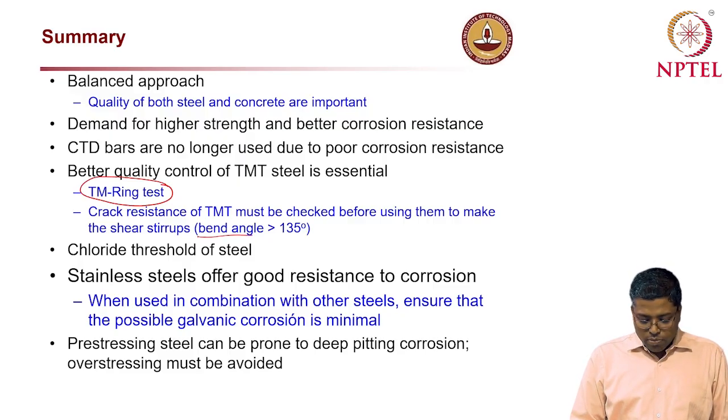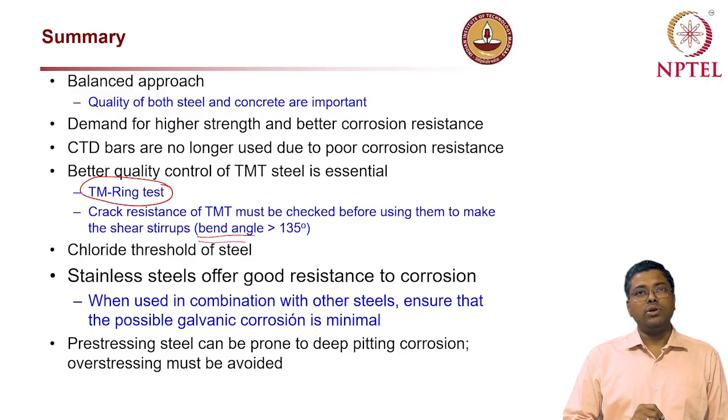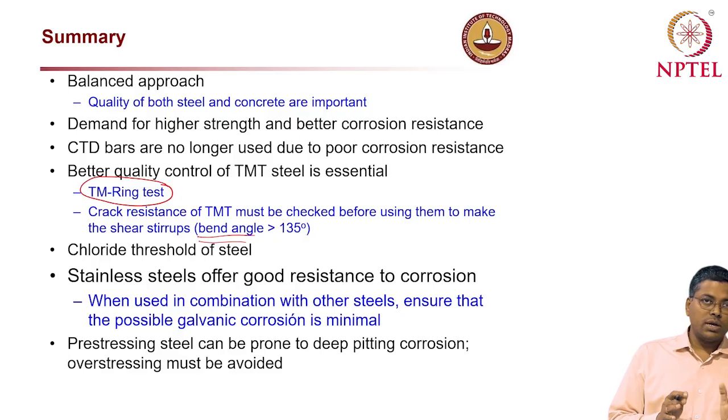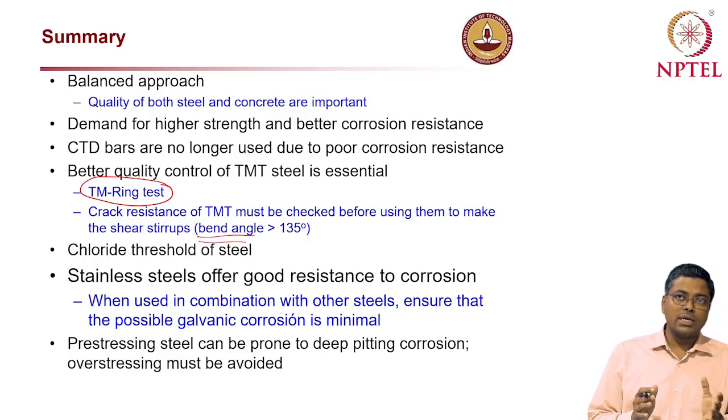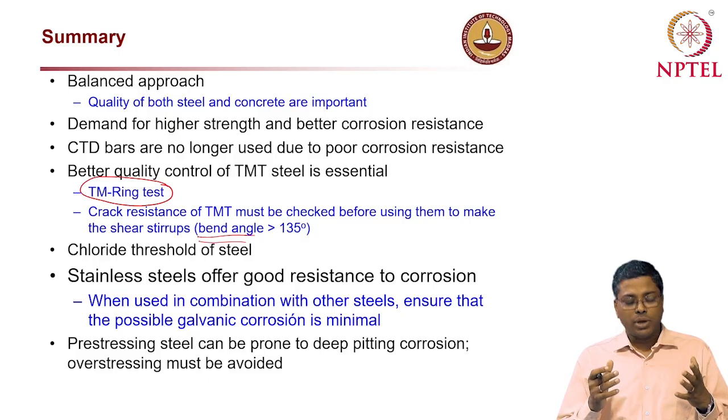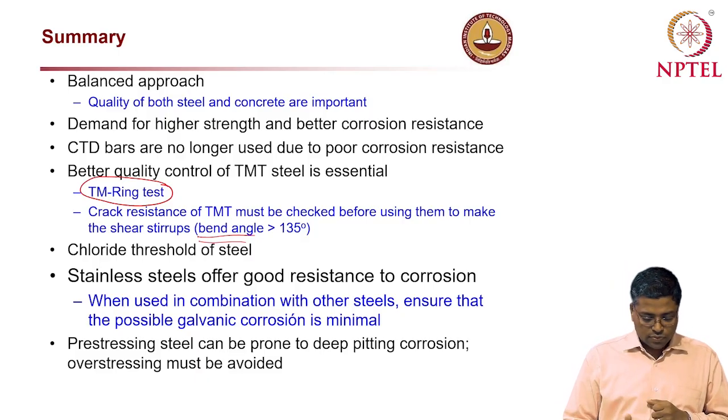And also we must do a bending test when you talk about TMT steel, because bending and then look at whether it is really cracking or not. If it is cracking, we should not use that, because such cracks will lead to corrosion at much lower chloride content, mainly because of crevice corrosion phenomenon.